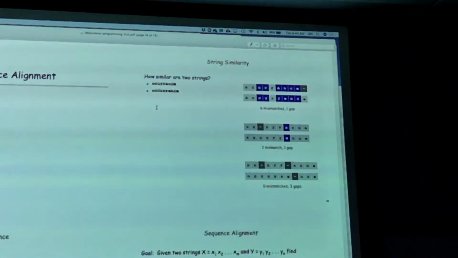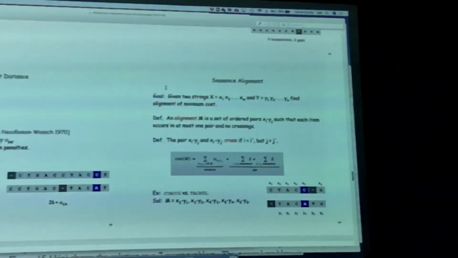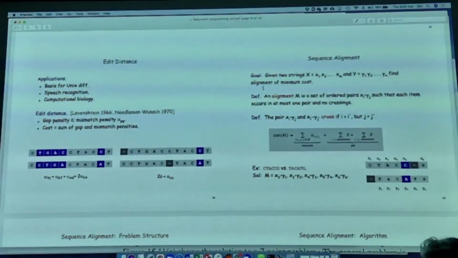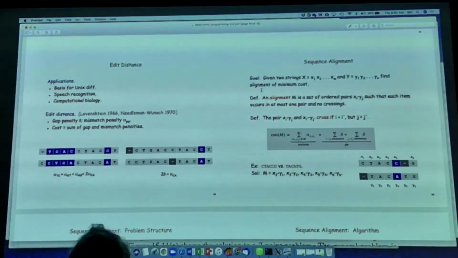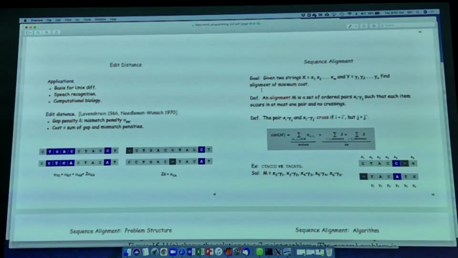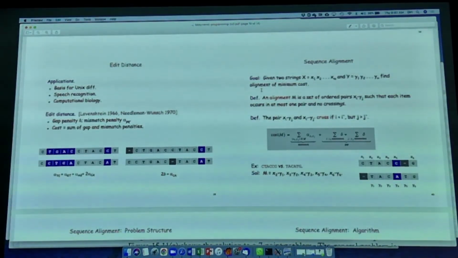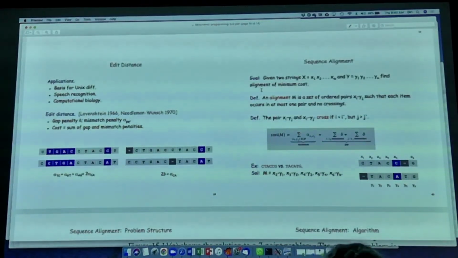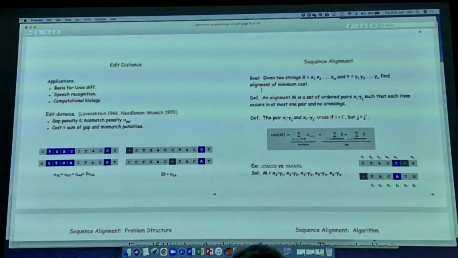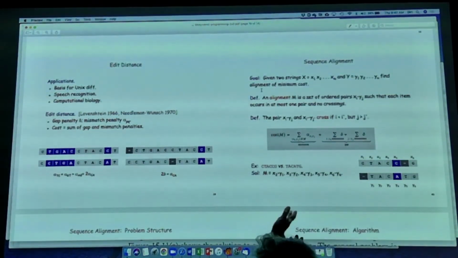You said some of you have seen this, but still let me try and set up the thing in a general manner. Applications: the Unix diff. How many of you use Unix systems? Yeah, Linux, okay, good. If you use the diff command on Unix, it uses this algorithm that we're going to describe.